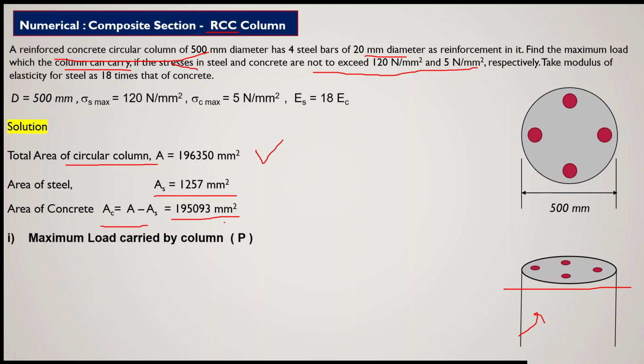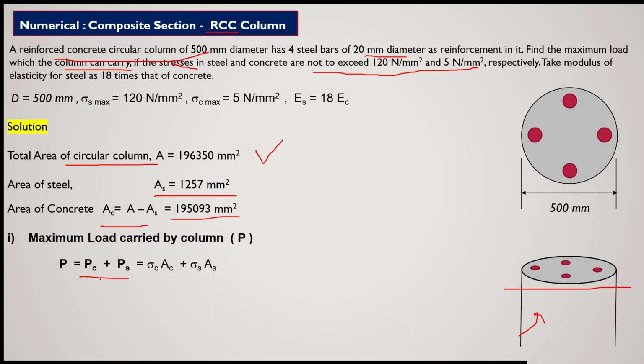Now we have to calculate the maximum load carried by the column. Let us assume P is the maximum load carrying capacity of the column. So P will be equal to the load taken by steel plus the load taken by concrete. So P will be PC plus PS.